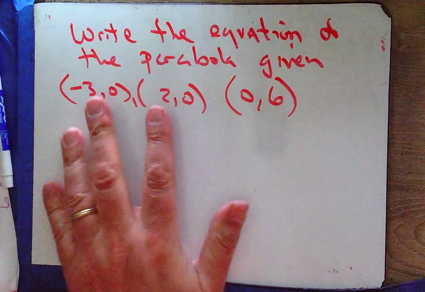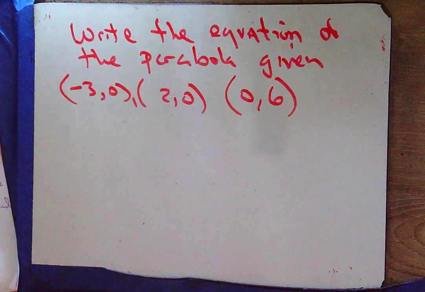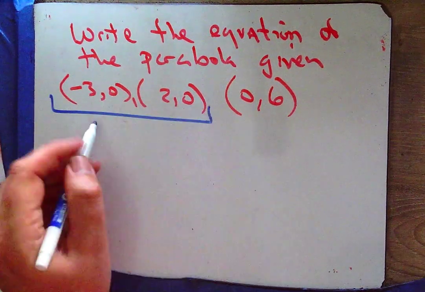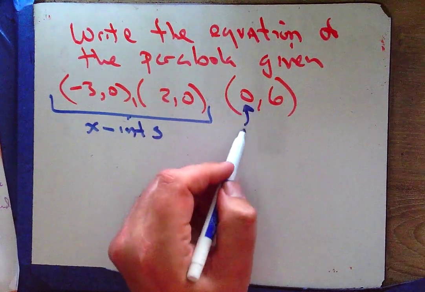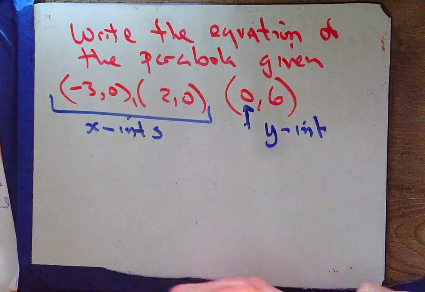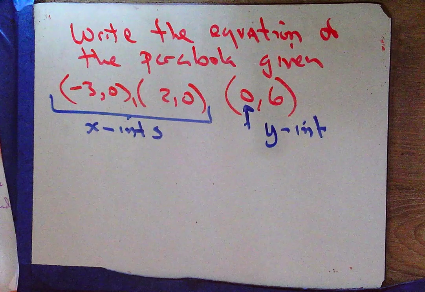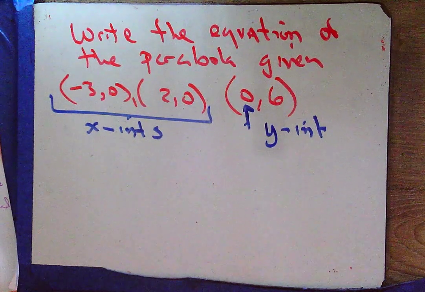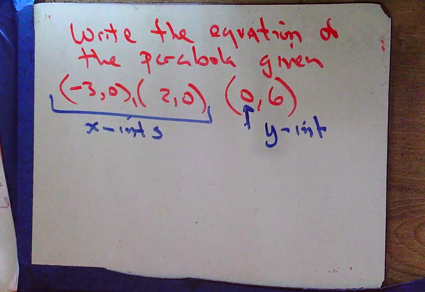So, remember, when the y value is 0, those are x-intercepts. Remember, when the x value is 0, that's going to be a y-intercept. So, I don't know the vertex, so I'm not using vertex form. I'm using intercept form.